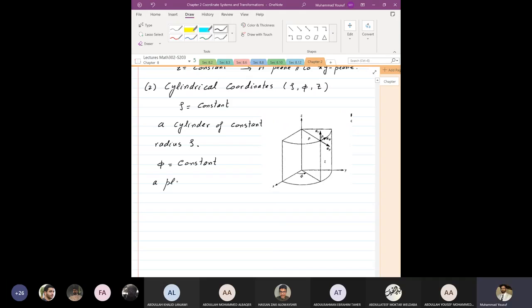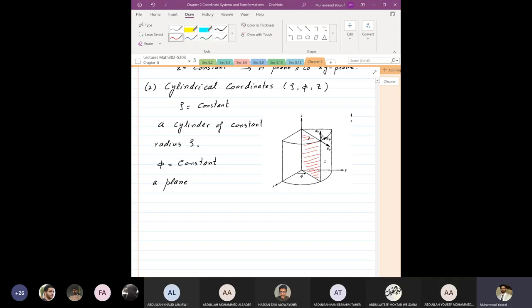A plane, like this plane. I'm putting here this red color shade. And this plane is going from the z-axis to infinity, making angle phi with the xz plane. A plane.